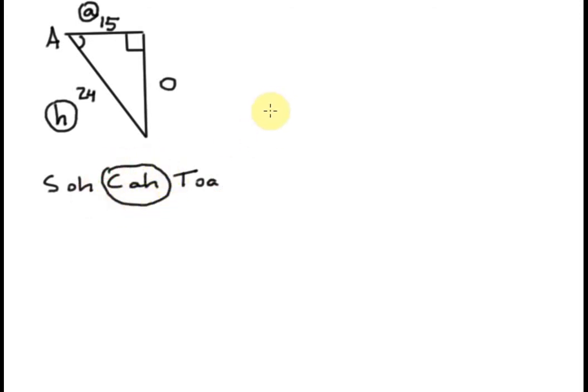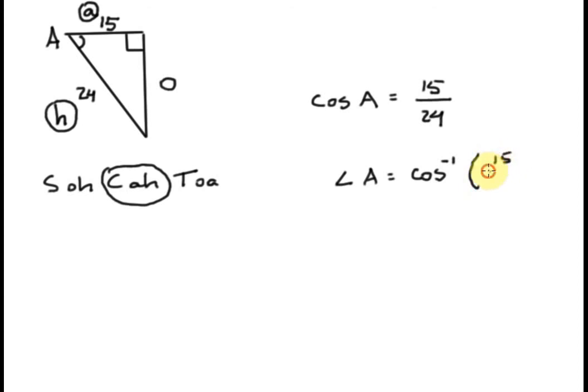So now I'm going to set up my trig equation using cosine. So the cosine of angle A is equal to the adjacent side length divided by the hypotenuse length. And all I got to do now to solve for the missing angle is put this ratio into cos inverse. What you're actually doing here, by the way, is this.